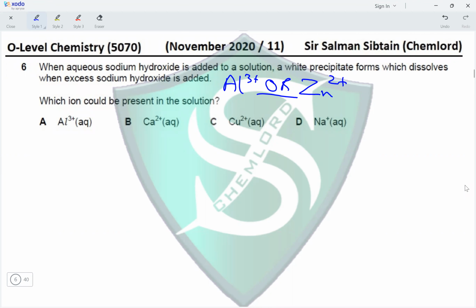These two will be forming white precipitate with sodium hydroxide which would dissolve on addition of excess of the solution. Which ion could be present in the solution? Aluminum ions, yes. Calcium would give a white precipitate which would be insoluble. Copper would give a blue precipitate which would be insoluble, and sodium does not give a precipitate. So the correct option for this question is option A.